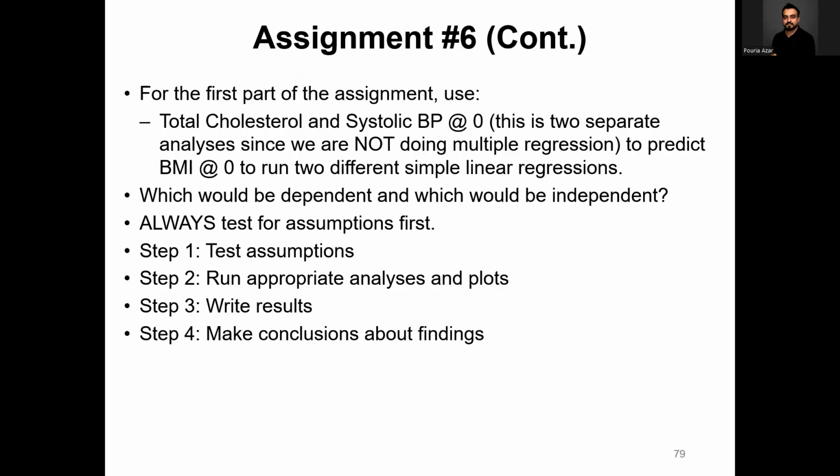Always, always, always test for assumptions first. So for this one, the first part of your assignment, you have to make a scatter plot to see if there is any linear relationship between two variables, and then check for homoscedasticity, normality of residuals, independence of errors, any outlier or influential cases, all those things.